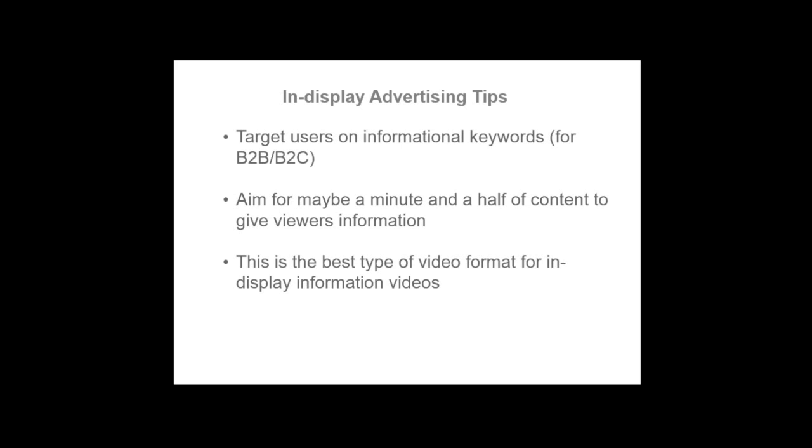This works really well for informational videos because people are looking for the information that is within your video, and that's why they work so well. You only pay on clicks on the ad, so click-throughs from different parts of YouTube. So it benefits having that sort of informational content within the video.